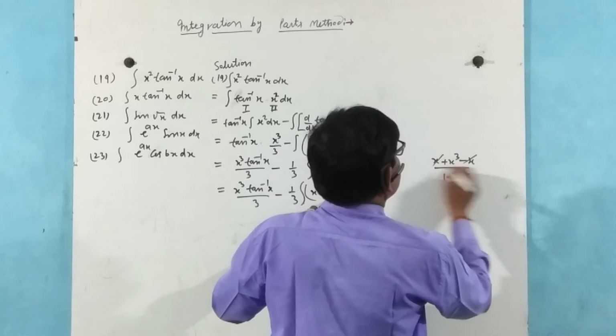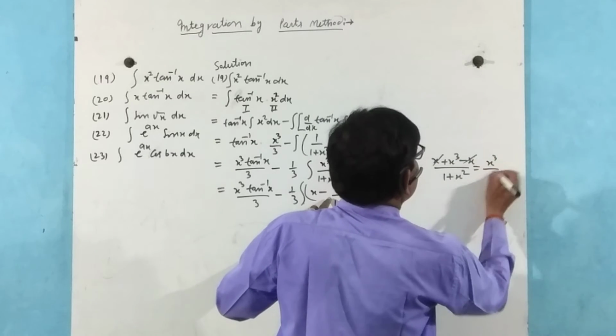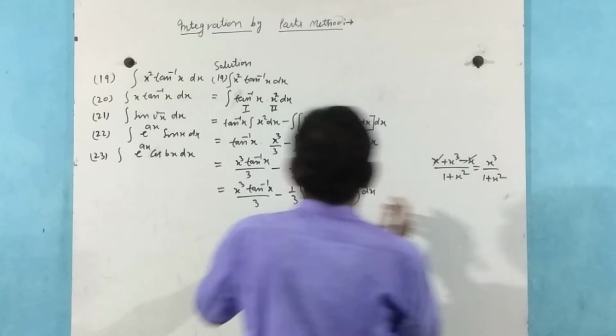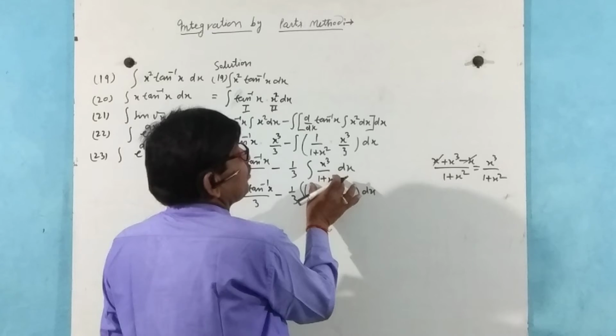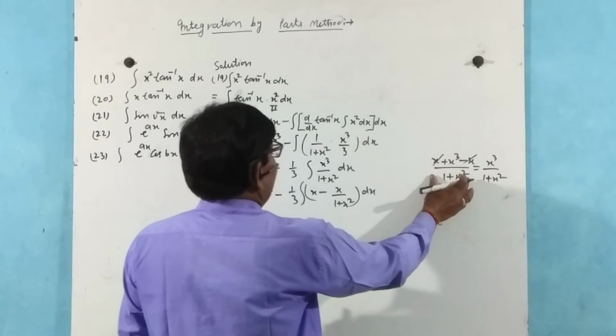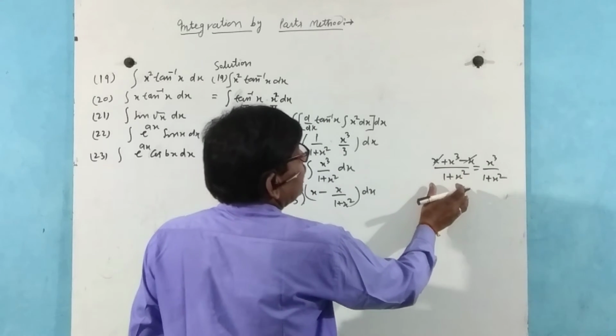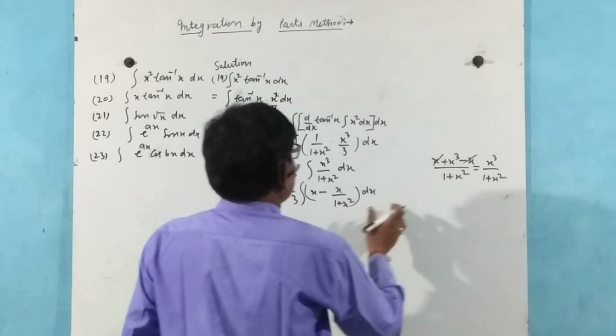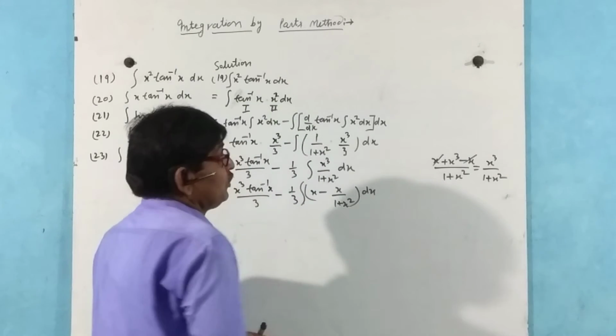This and this cancel, and we get x cube divided by 1 plus x square. Simplifying these terms, they are arranged in this form.